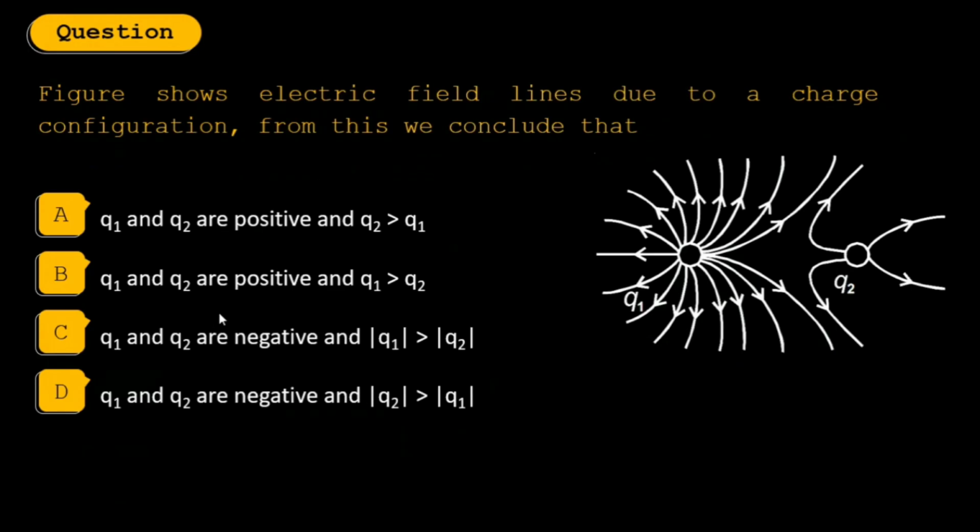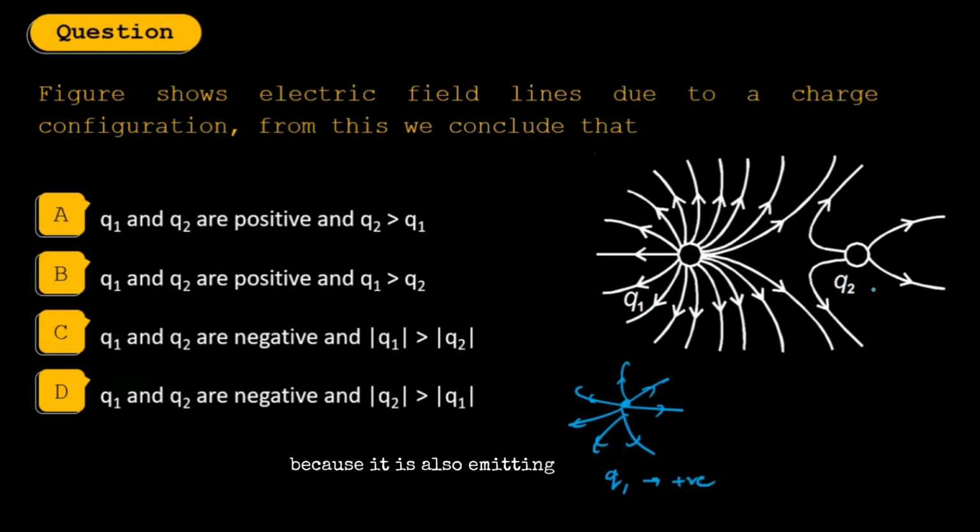Both of them are emitting field, like the field is going away from both charges. So Q1 is positive and Q2 is also positive because it is also emitting field. So both are positive, that is clear.